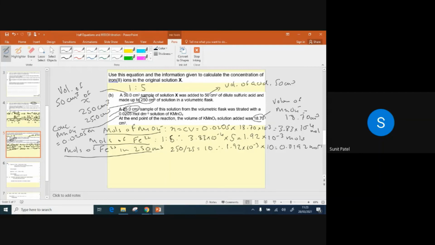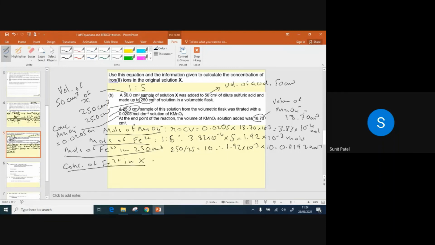Now we're ready to move on from here, and just using the numbers again, I haven't done anything else. I'm not done here. The question asked to calculate the concentration of Fe2 plus. That's what it was asking for in this reaction. So what we need to do then is work out the concentration of Fe2 plus in X.